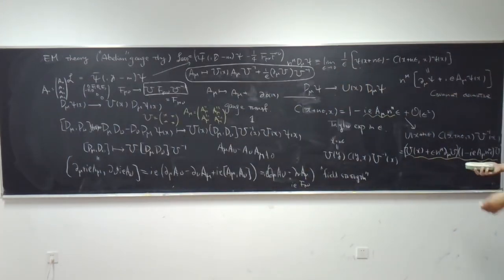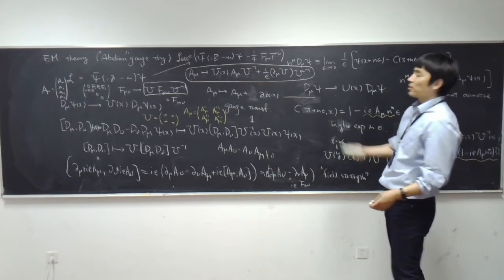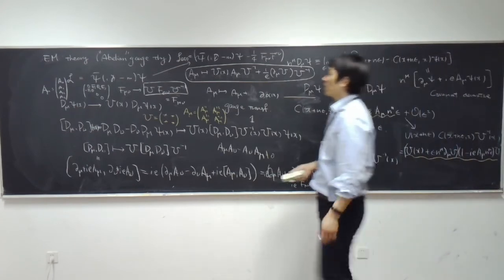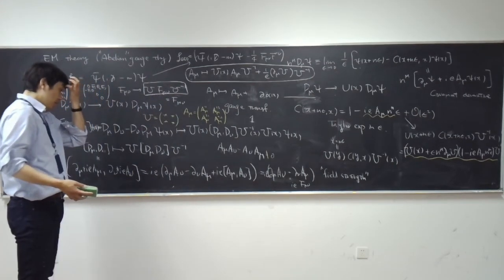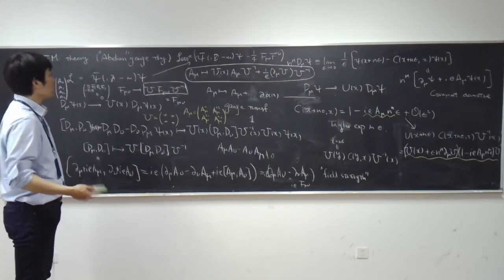Any questions so far? I just rewrote everything in terms of abelian gauge theory, that is, you rewrite electromagnetic theory in terms of abelian gauge theory.